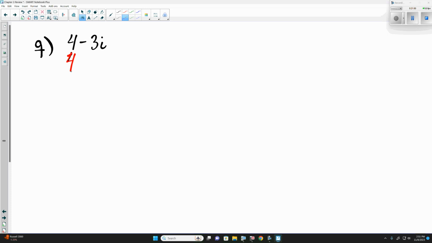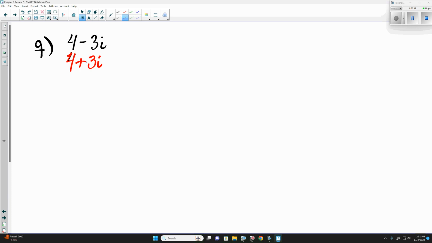So the instructions were find the complex conjugate. We found it because the complex conjugate of 4 minus 3i is 4 plus 3i.